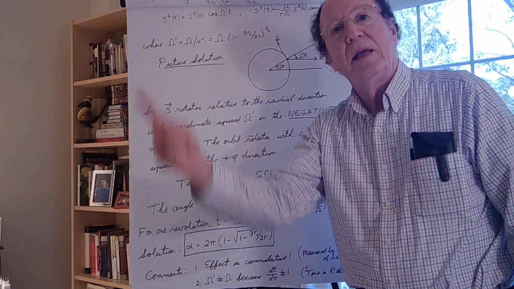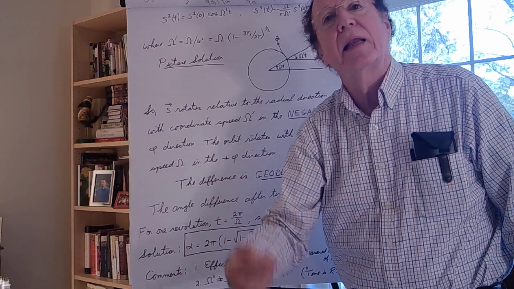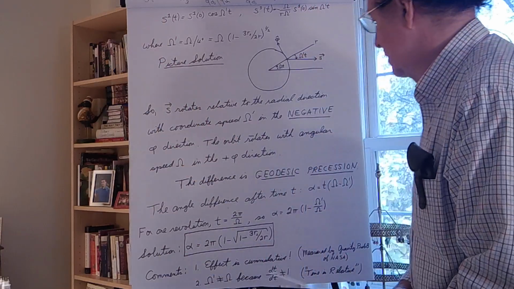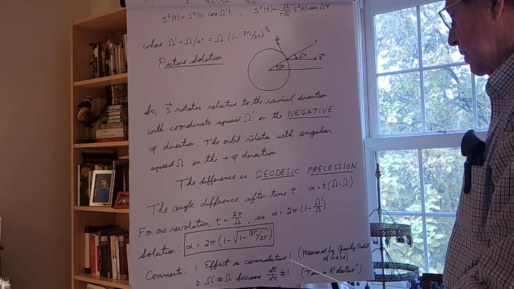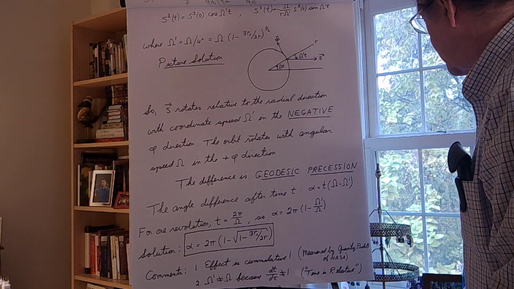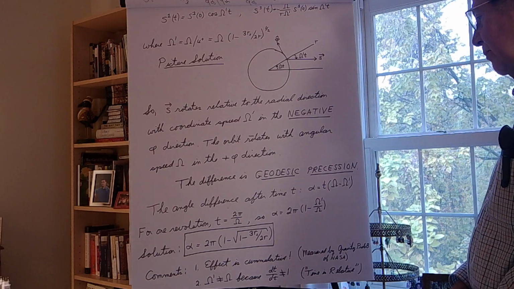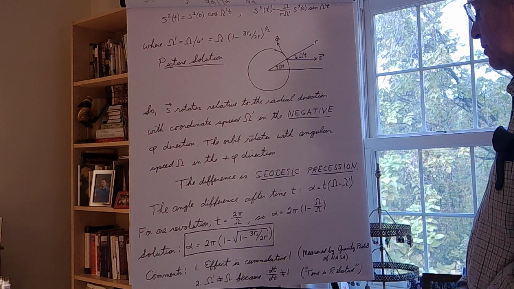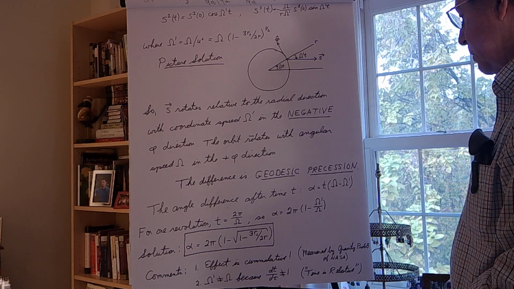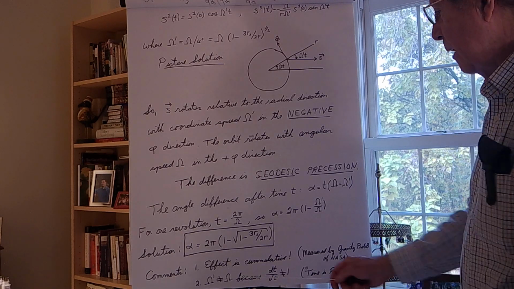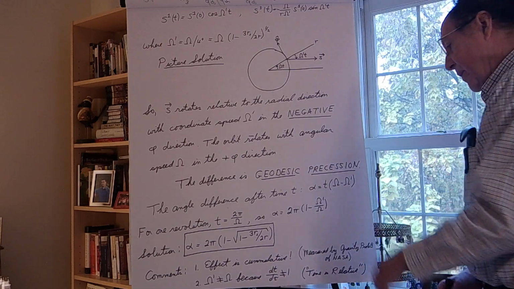After each orbit of Mercury, it precesses a tiny, tiny amount, and after a century you can get an observable accumulation. That's exactly what Gravity Probe B did. It looked for an accumulation of the precession of a finely tuned gyroscope on a satellite.